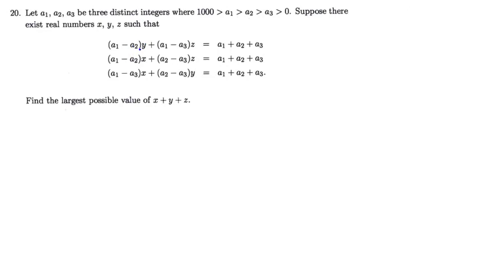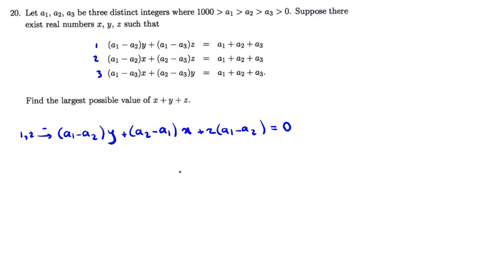Now, if we consider the first equation minus the second equation, let's see what we have. Let's consider it is the first one, second one, third one. If we subtract the first and second, it will be a1 minus a2 times y, and x here minus this, plus a2 minus a1 times x, and z, this minus this a3 will be cancelled, plus z, a1 minus a2 equals 0.